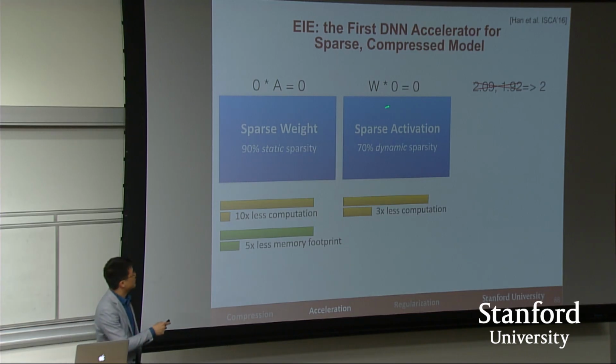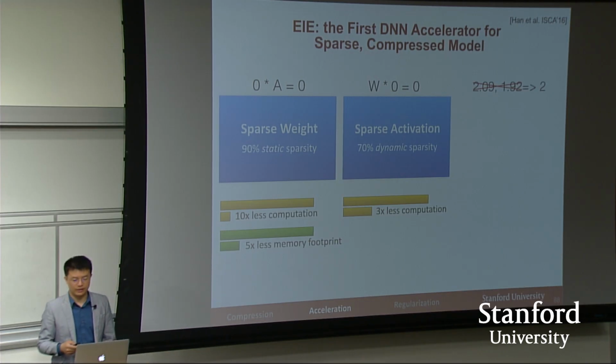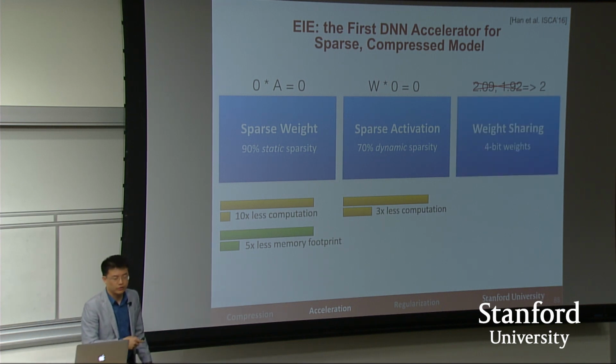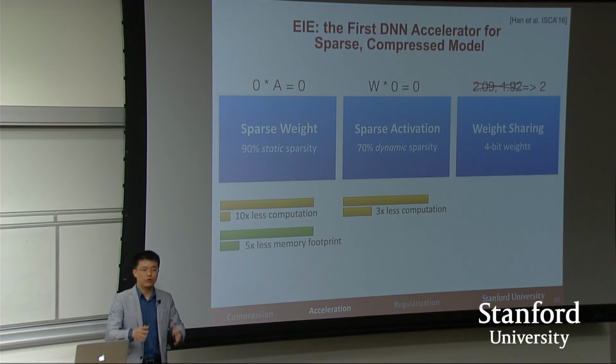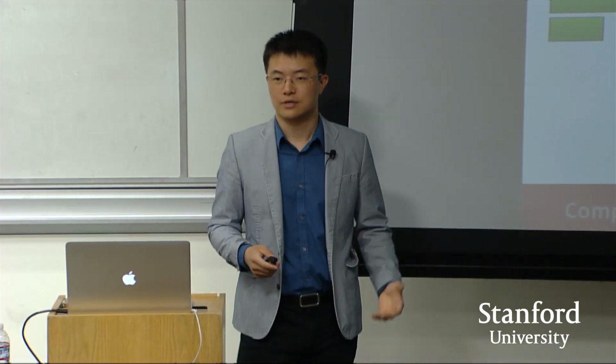By taking advantage of sparse activation, meaning after ReLU, if the activation is 0, then ignore it, you save another 3x in computation. And with the weight sharing mechanism, you can use 4 bits to represent each weight rather than 32 bits. That's another 8 times saving in the memory footprint.